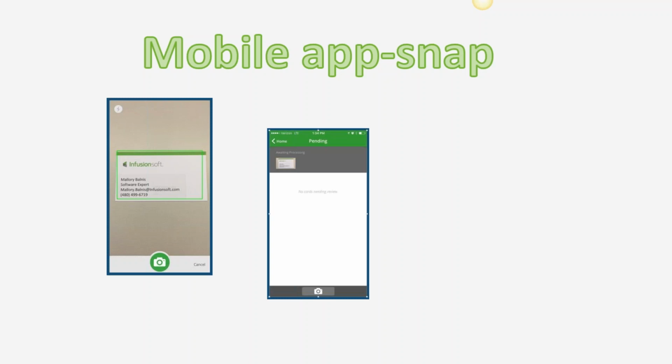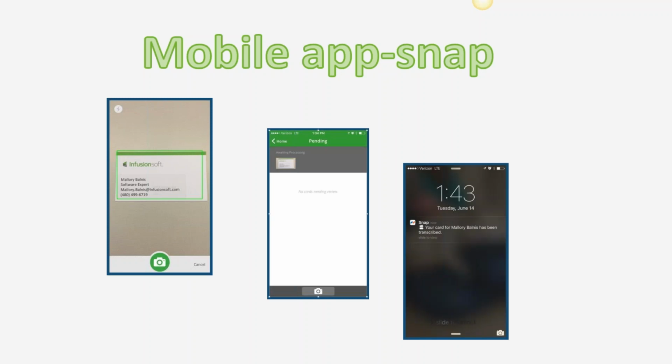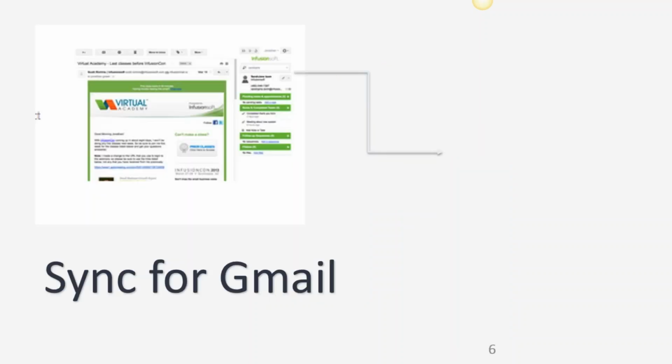It goes off into Never Neverland for transcription. Then it comes back and says, hey, your card has been transcribed, is ready for preview. And then you get to tag it, and we'll talk about tags in a minute, and then send it on to a campaign or into a certain pile in Infusionsoft.